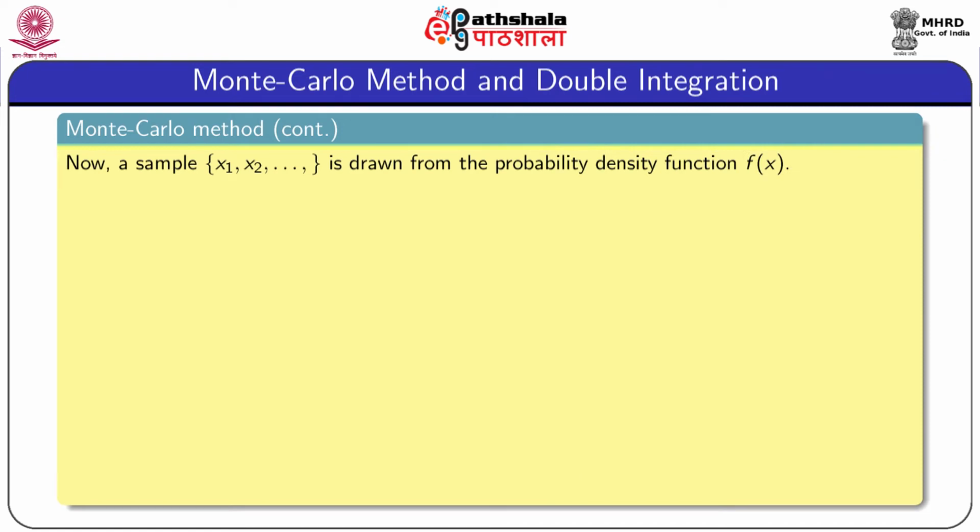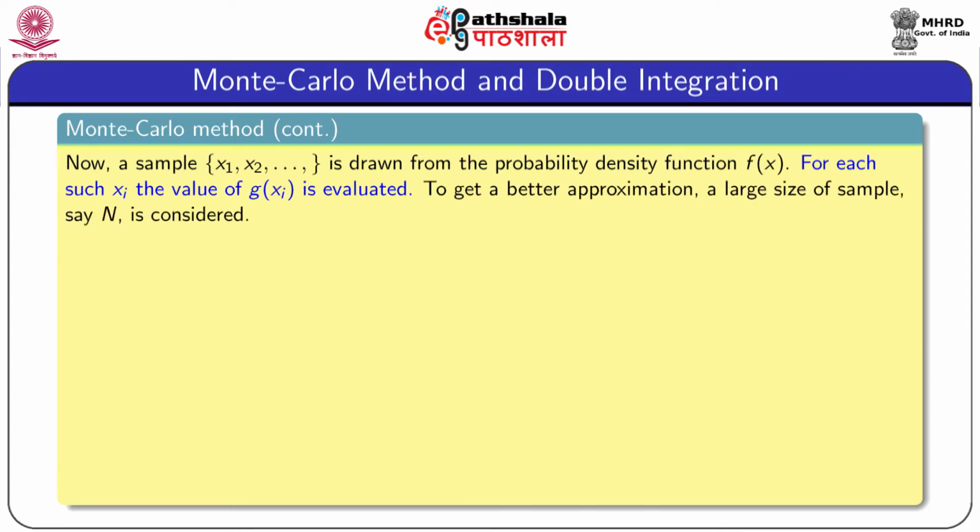Now, we consider a sample x1, x2, and so on, drawn from the probability density function f(x). For each such x, the value of g(xi) is evaluated. To get a better approximate value, a large sample size, say capital N, is considered.